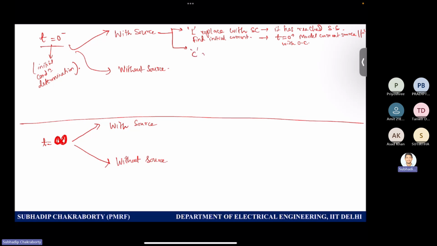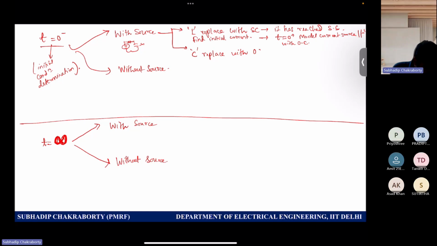For C, what we were doing with source, C replace first with open circuit, because with source means it was something like this. So capacitor would have reached its steady state. So because it has reached its steady state, the capacitor would behave like an open circuit, not charge further.